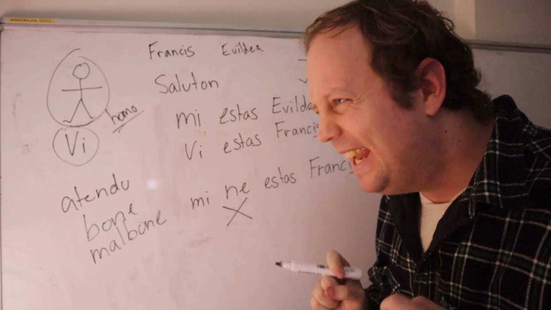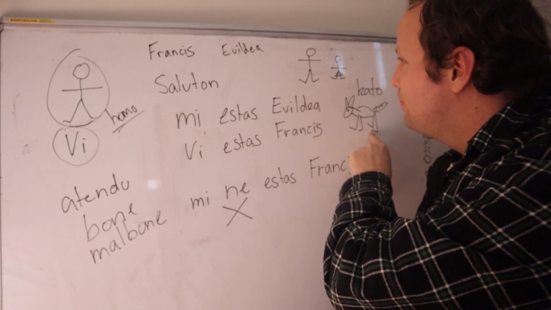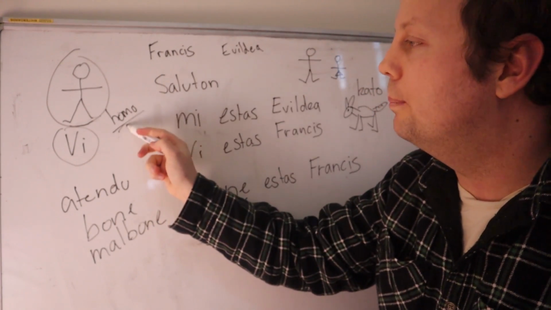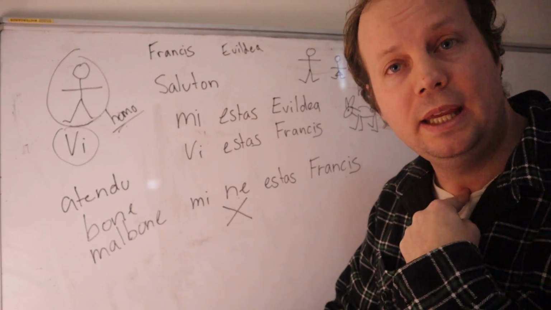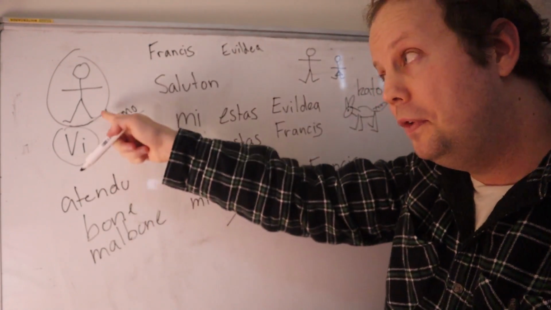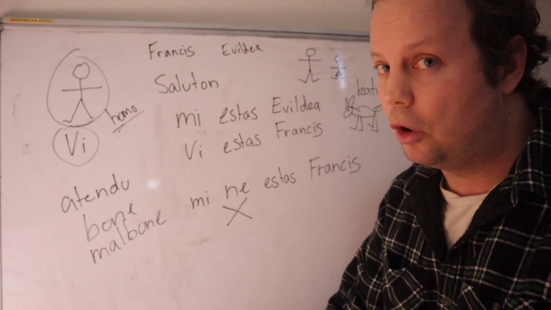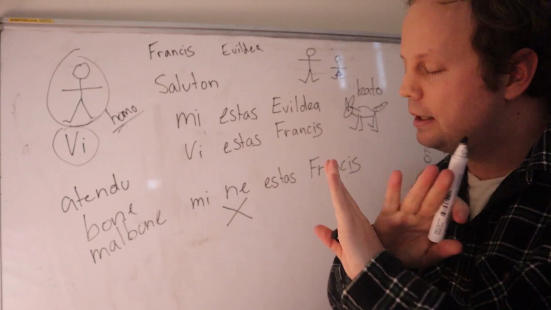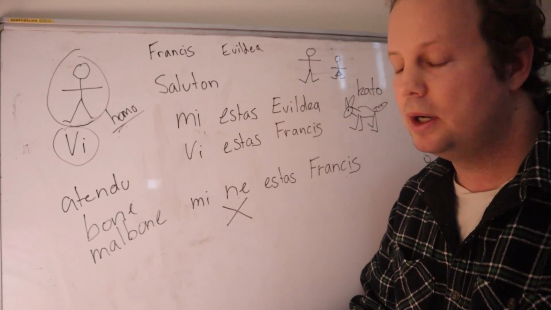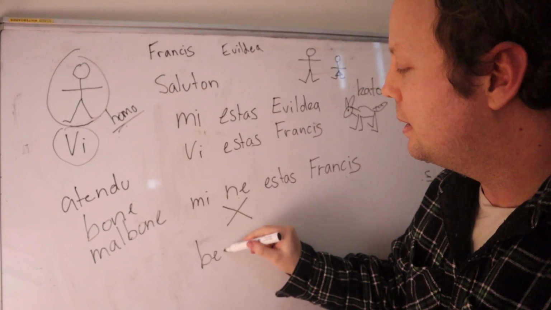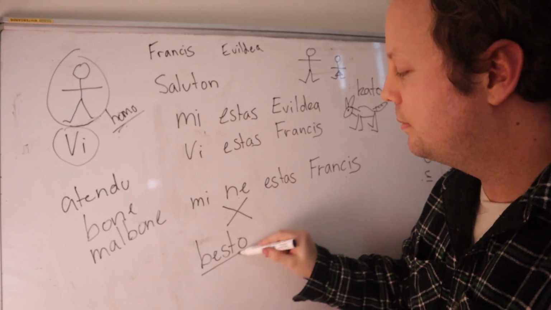Kato. Kato ne estas homo. Mi estas homo. Vi estas homo. Kato ne estas homo. Kato estas besto.